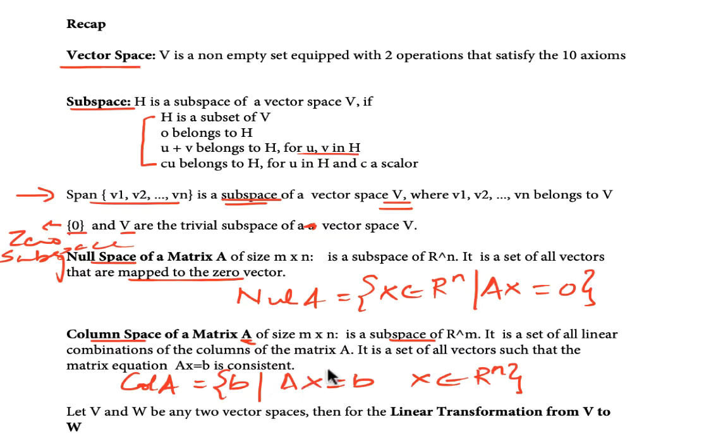And as it is a collection of all those b such that Ax equals b, it simply means that this matrix equation is consistent.